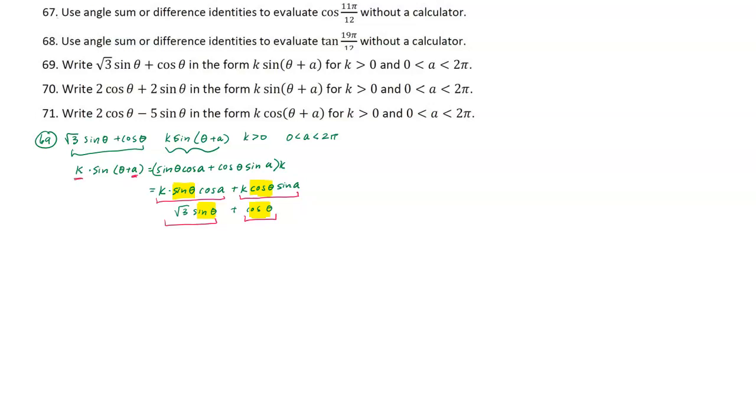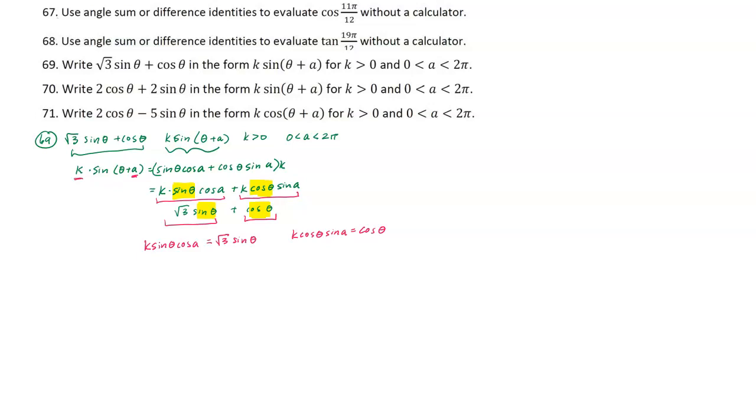Theta stays theta. Okay, so when I see that, there's two ways to solve this too. So you can put k times sine of theta cosine of a equals square root of 3 sine of theta. I'm going to say that first term equals the first term. And that means that the second term equals the second term.